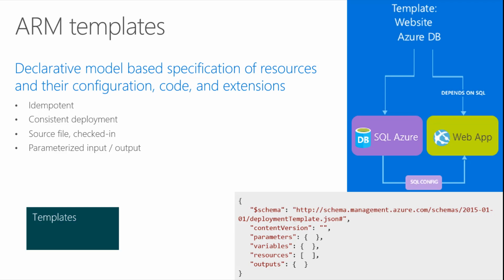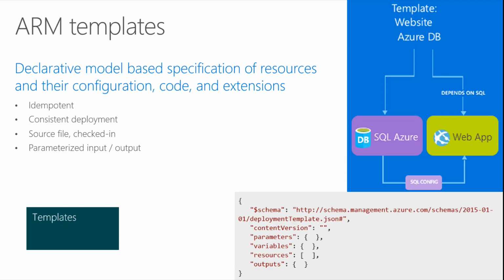But essentially, if you deploy a solution with an ARM template, and then you run it again with a PowerShell script or through Visual Studio, and no changes happen to that ARM template, nothing will happen. But if you just made one little change, add a resource group, deploy this or that into it, and nothing else changed, only that new resource group would change. That's what idempotent means. Consistent deployment, we treat these just like source code. We want to have a source file, we want to check it in.